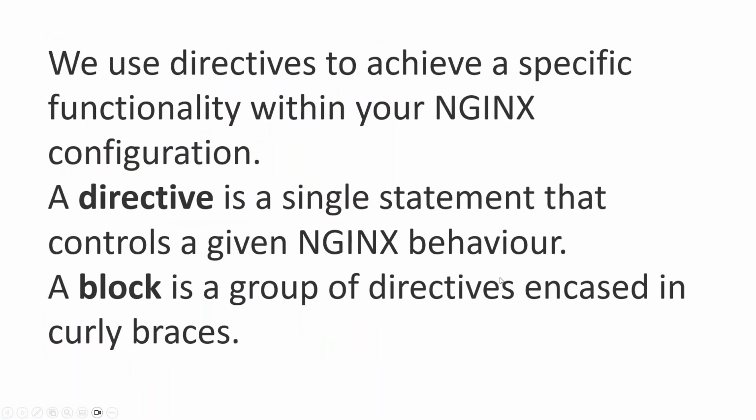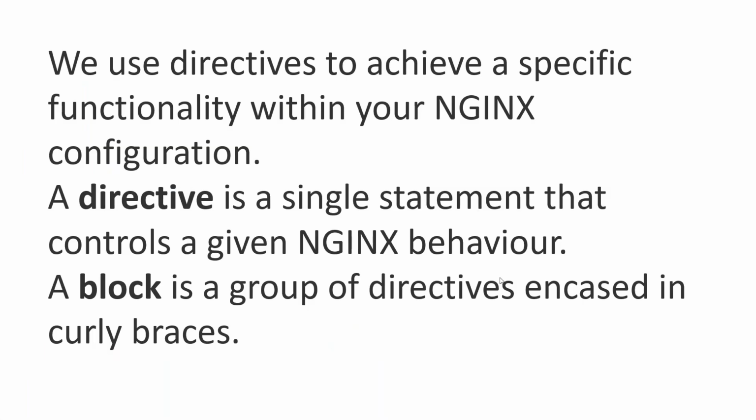So we use a directive to achieve a specific functionality within Nginx configurations. So a directive is a single statement that controls a given Nginx behavior, which I showed you. But you can also put multiple statements into one block inside curly braces. That will become a block.